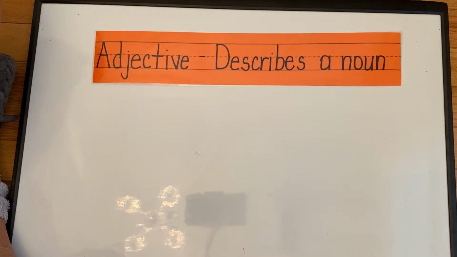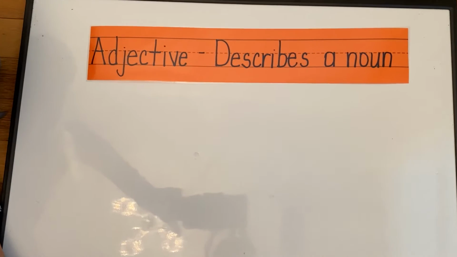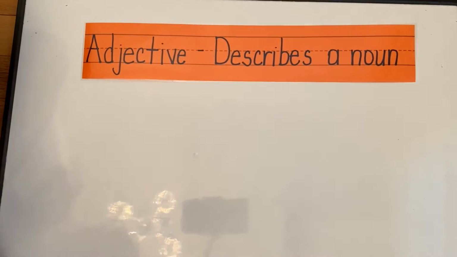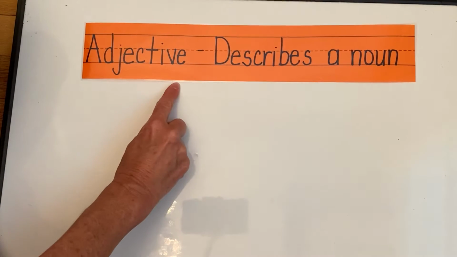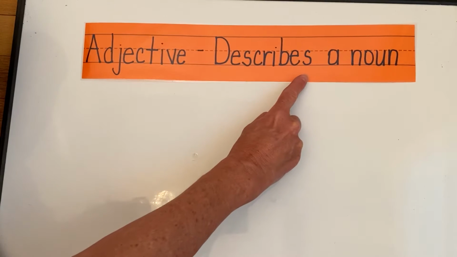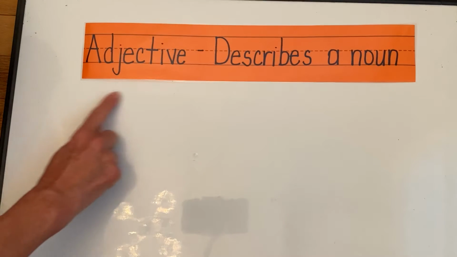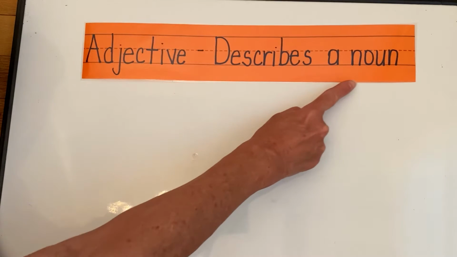Now this word is pronounced adjective. Can you say that with me? Adjective. An adjective is a type of word that describes a noun.